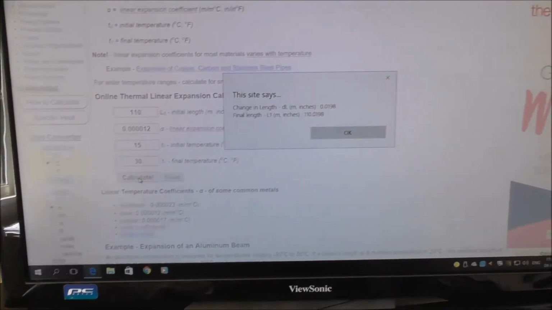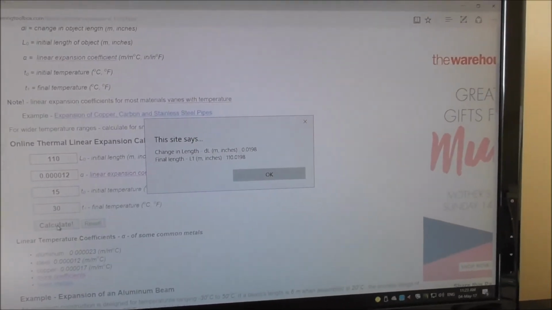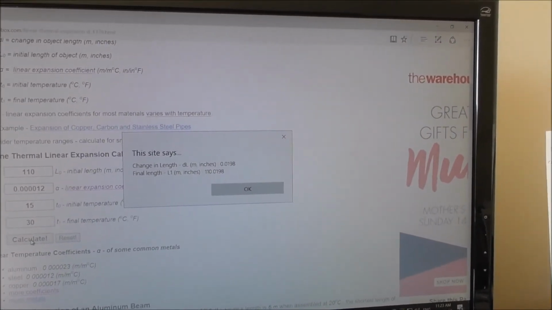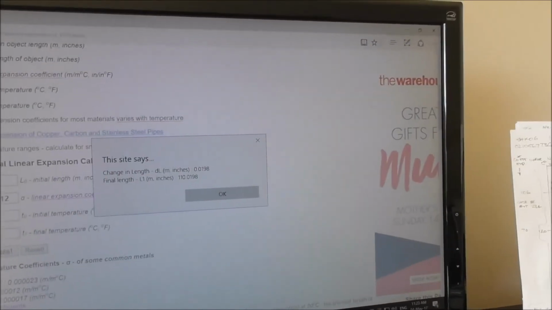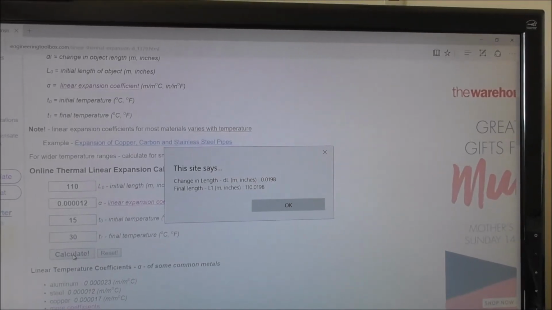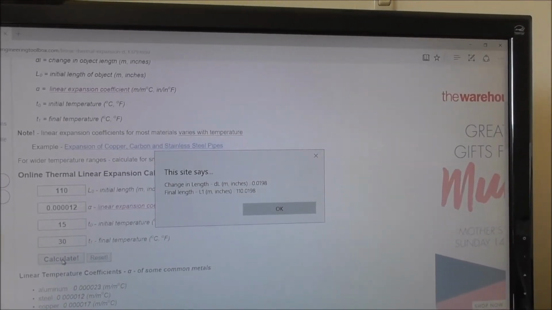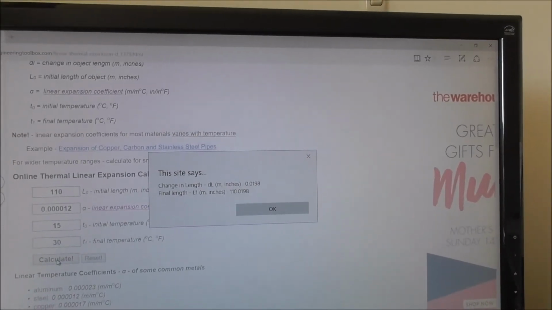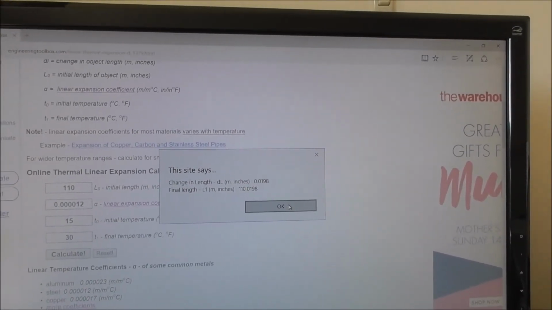Calculate. And what are we getting? We're getting 0.0198, but I've just realized I've entered the value for steel. So that's interesting. That's what it would be if the headstock was steel.